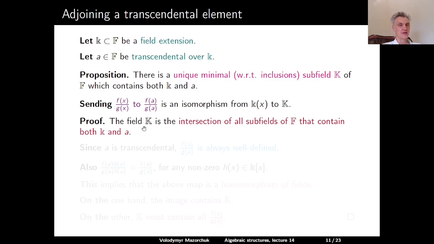Proof: the field capital K is of course the intersection of all subfields of f that contain both little k and the element a. Since our a is transcendental, the value of any rational function f of x divided by g of x at a is well defined, because g of a is non-zero as soon as g is non-zero.